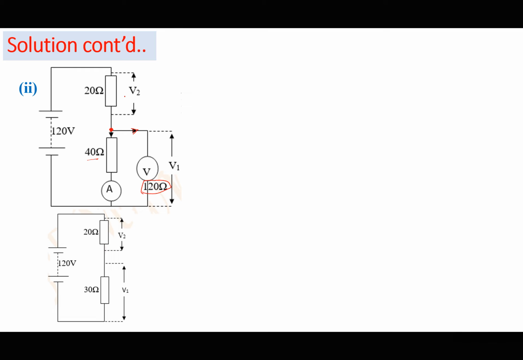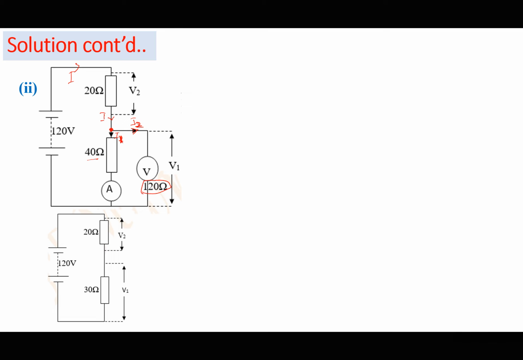If I say the total current I reaches here, part of it takes this path, let's call that one I1, and part of it takes this path, call this one I2. So the current is dividing at that point.